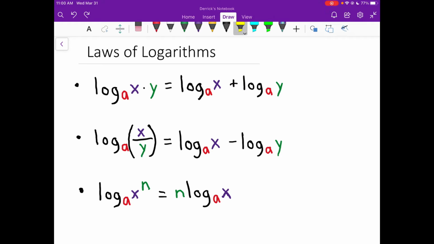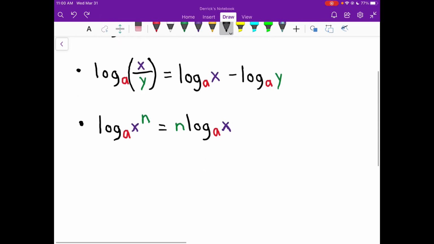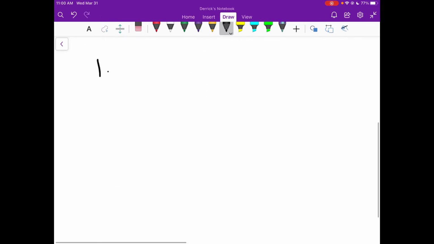If you watch the first part, you know that we always saved the exponents for last. That was always our last step when we were expanding. Since we're going in the opposite direction and condensing, we want to look for coefficients first to be able to turn into exponents. That wants to be our first step. For example, let's say that I gave you log, we'll just say log base 10, so it's just the common log and we can just leave it as log.